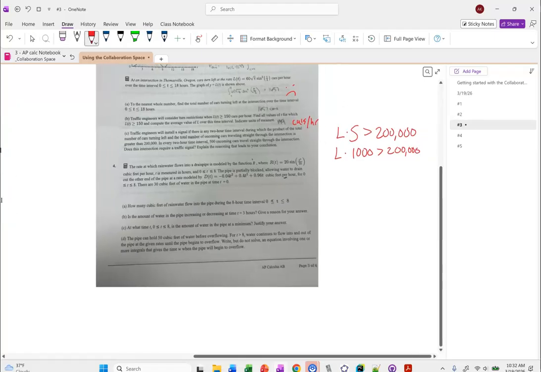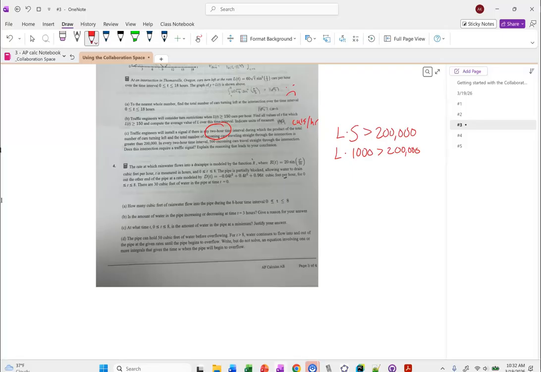Right, 2-hour time interval. That's why I did 1,000 instead of 500. Doesn't it say that every 2 hours, 500 cars? Oh, yeah, sorry. So that should be 500. And then if I divide that over, I have 400 then, right?